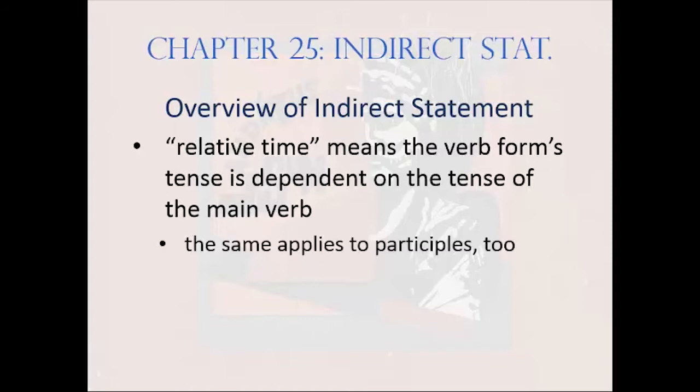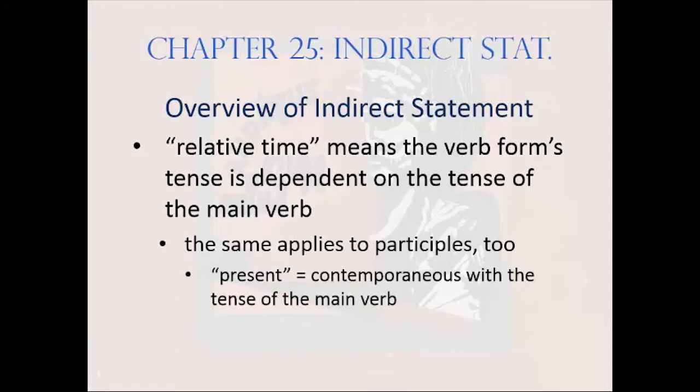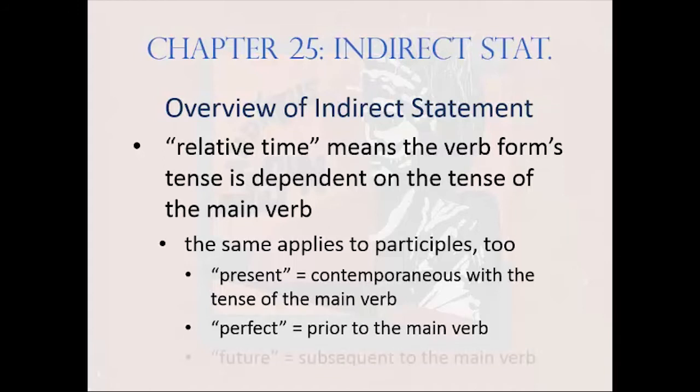The same is true of participles. When applied to infinitives or participles, the term present really means contemporaneous, that is, happening at the same time as the main verb. Perfect means prior, the action of the infinitive or participle happened before the time of the main verb. Future indicates subsequent action after the time of the main verb.